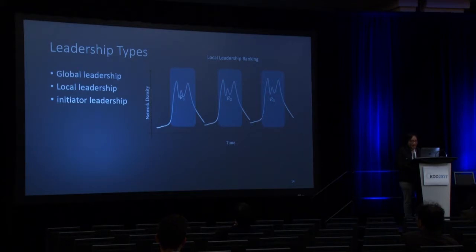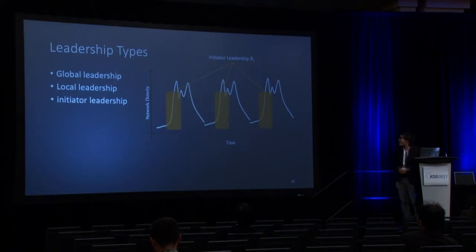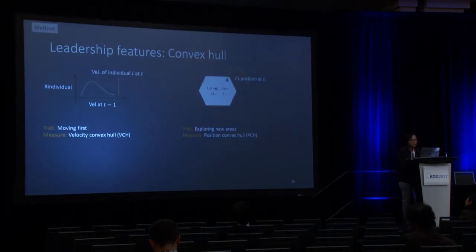And finally, initiator leadership is a leadership ranking that we calculate by using only the decision-making interval to conclude which one is a leader. We don't look at the entire time series interval to define which one is a leader like global leadership. We just look at the decision-making interval.